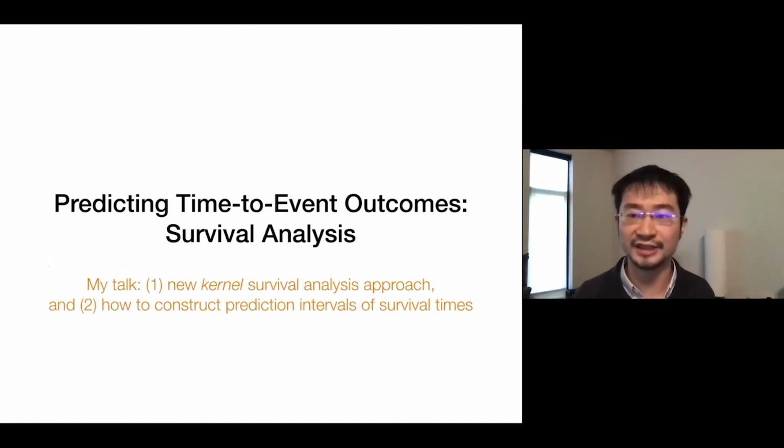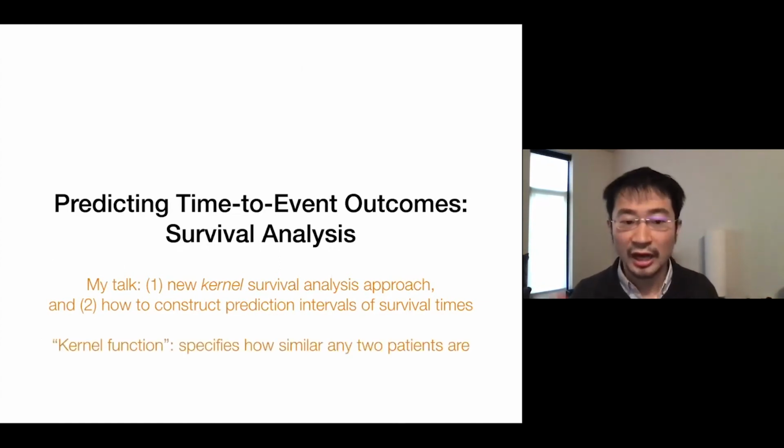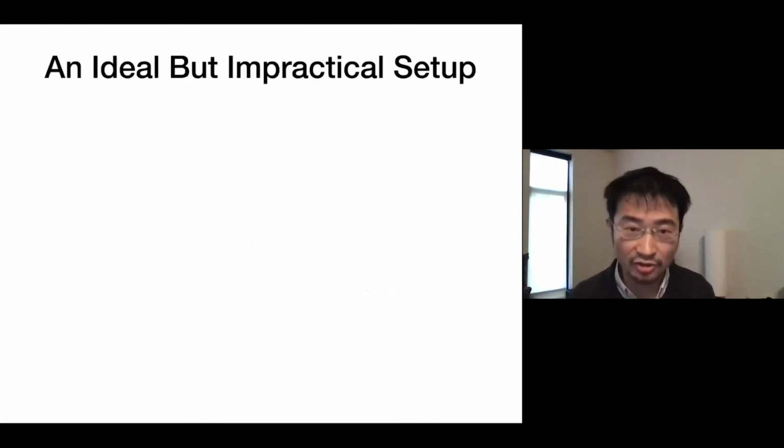So you can think of this as gauging uncertainty. And a kernel function, which I'll be using throughout the talk, is just a function that specifies how similar any two patients are. To make things concrete, I'm going to give an illustrative example in a clinical context.